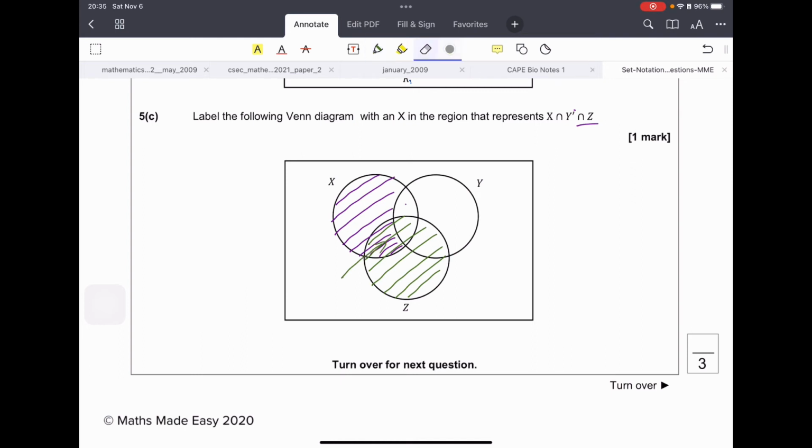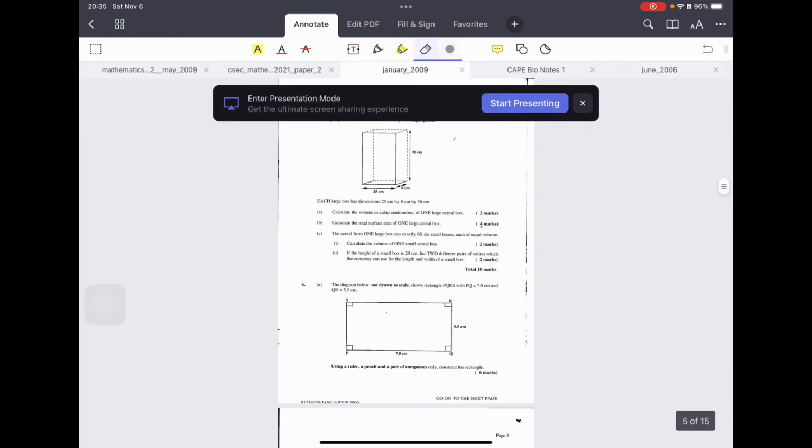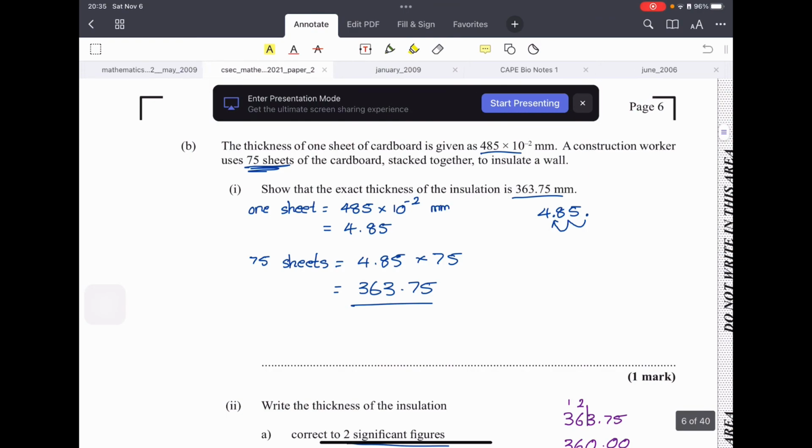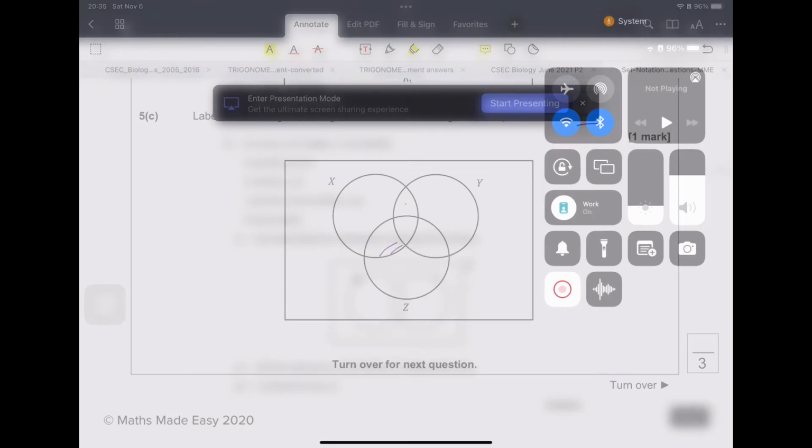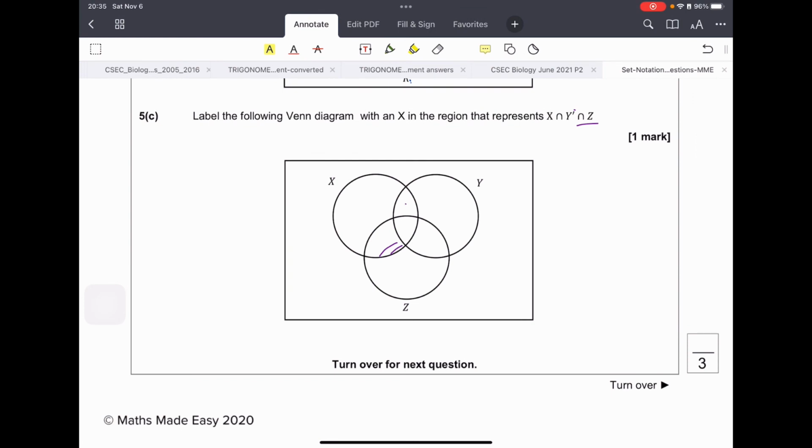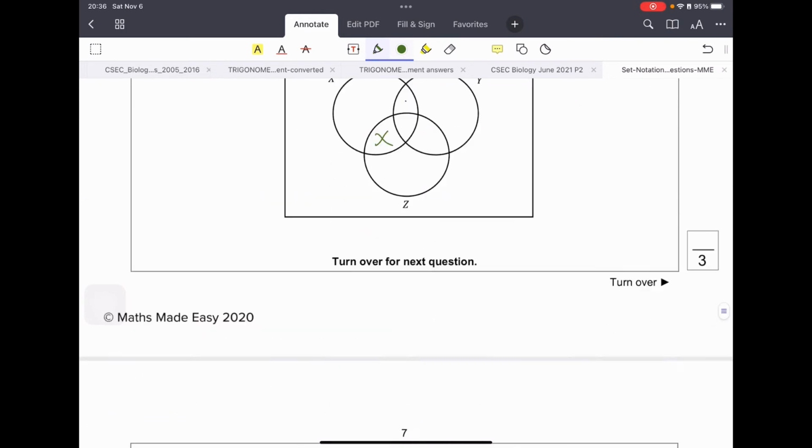So let's erase again, and we come up with, sorry about that, guys. Yes, so we are ending up now with this tiny area here. That is X intersect Y prime intersect Z. And it's still an X, so I'll just give you an X here. Bam. There we go. So let's move on.